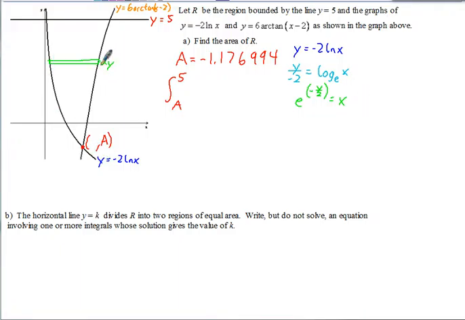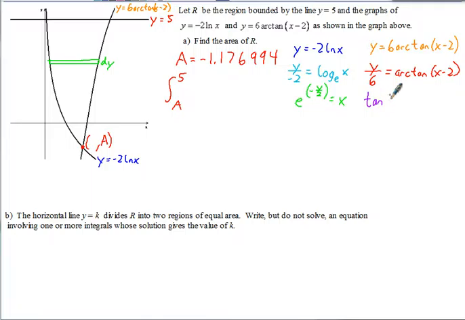So the one that goes first is this one, the one further to the right, which we'll have to solve as well. So if we solve that one for x, we've got y equals 6 arctangent of x minus 2. So again, we'd have to divide by 6 first here. So it'd be y over 6 equals the arctangent of x minus 2. And then, to get that x outside of the arctangent, you'd have to take the tangent of both sides of the equation.